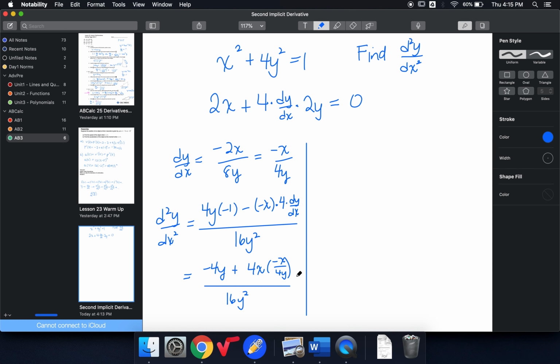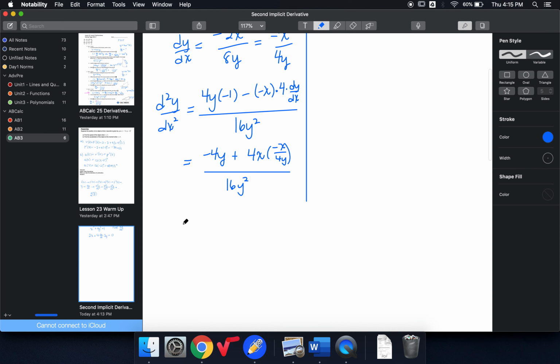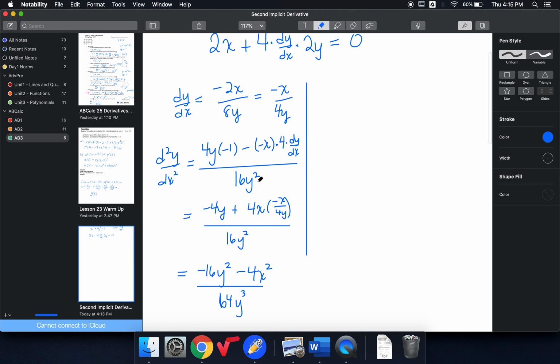And I don't really like having fractions inside of fractions, so I'm going to multiply through by 4y. That's going to give me negative 16y squared minus 4x squared, all over 16 times 4, which is 64, y to the third power.